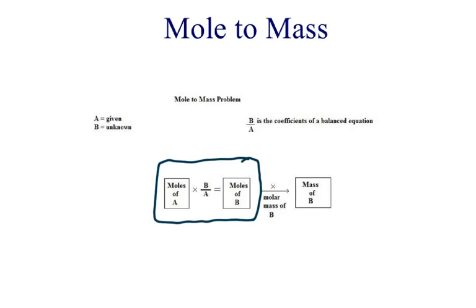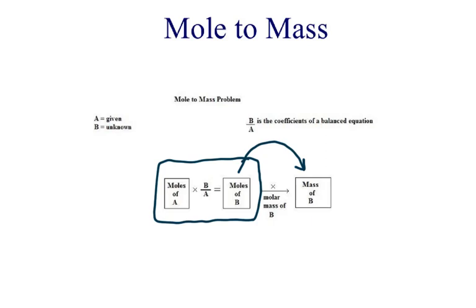So if you're doing a mole to mass problem, the extra step is to go from moles of B to the mass of B, or the unknown. What you need to do is find the molar mass of whoever that unknown is, of B, and you have to multiply by that molar mass. Okay? So this is what we call a mole to mass problem, and that's the extra step.